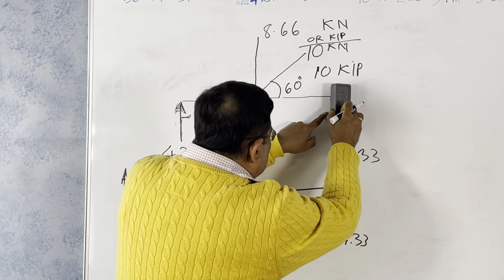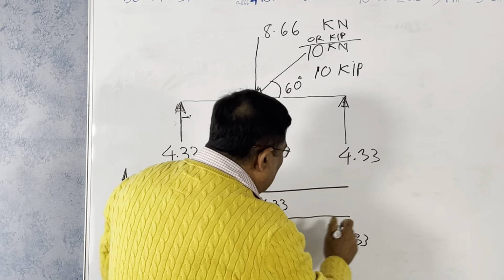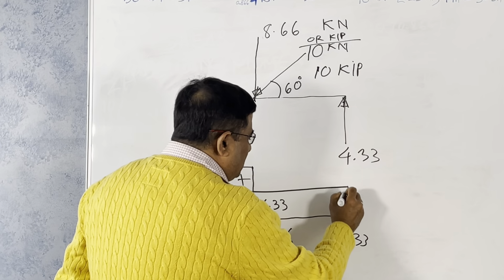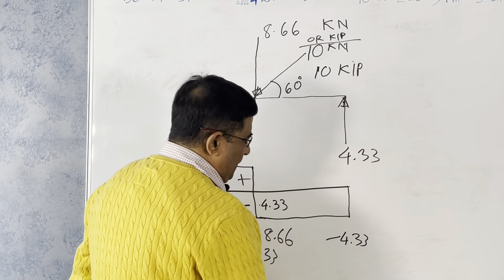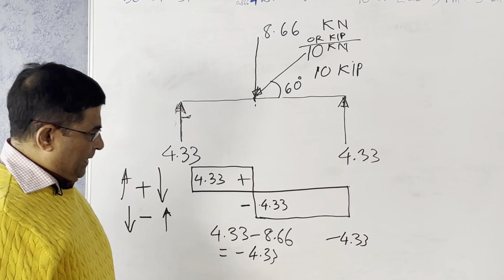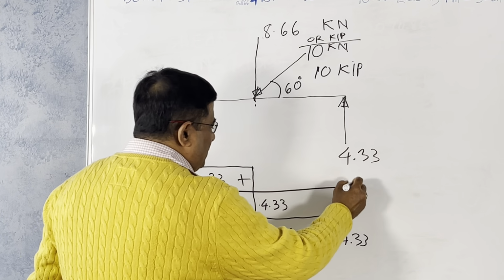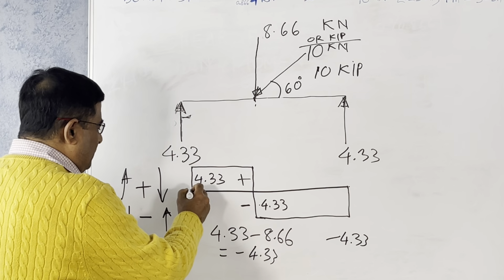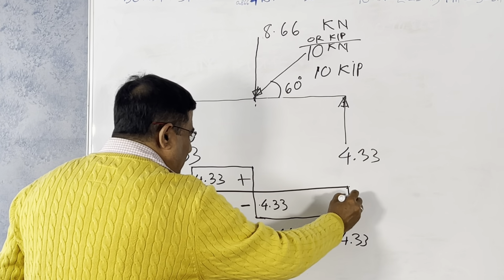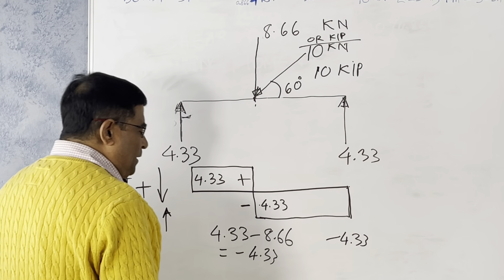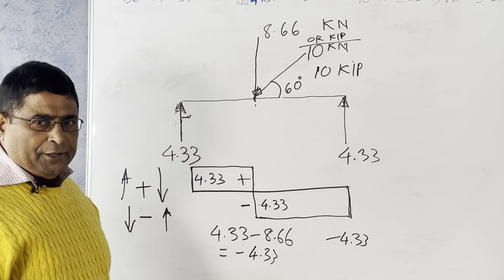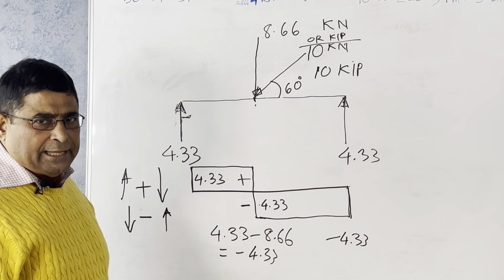As soon as you reach this point, it goes up 4.33, making it like this. So this is the shear force diagram. At this point it shows 0, but actually the shear force at this point is 4.33, and at this point also 4.33.